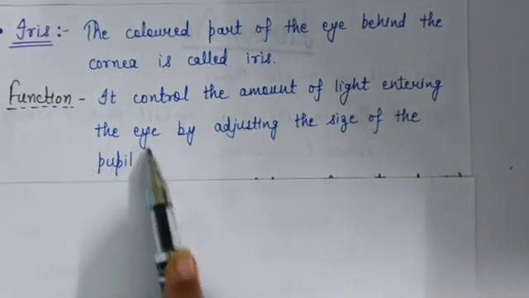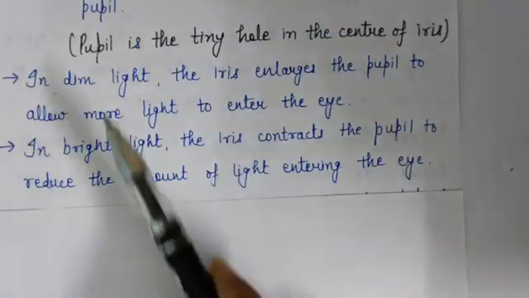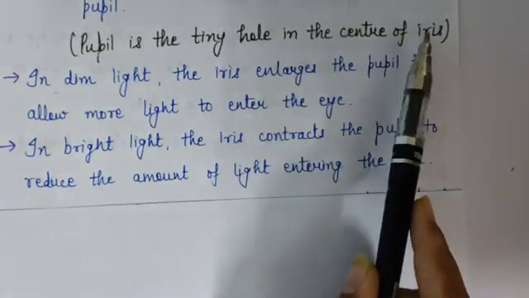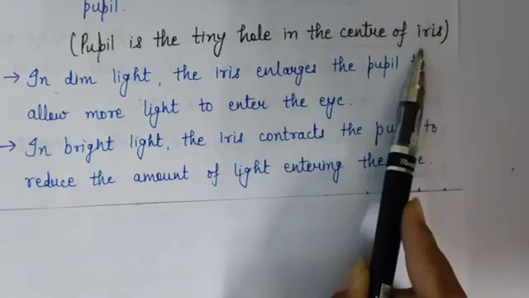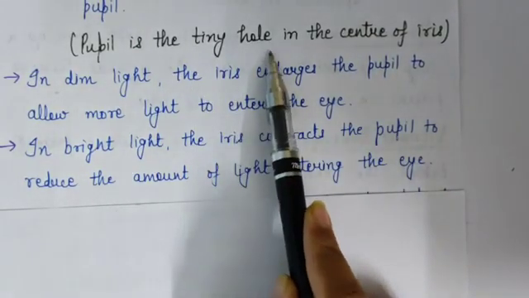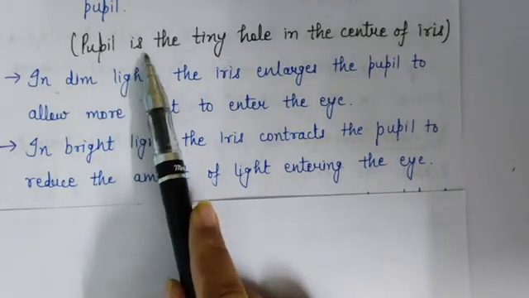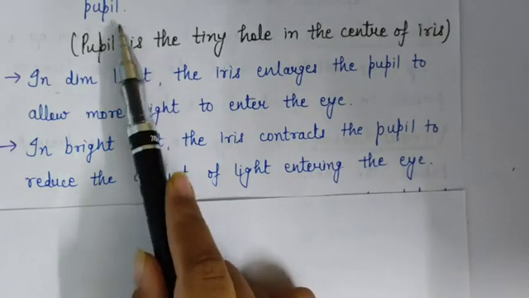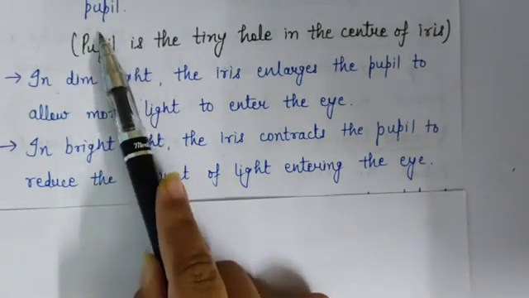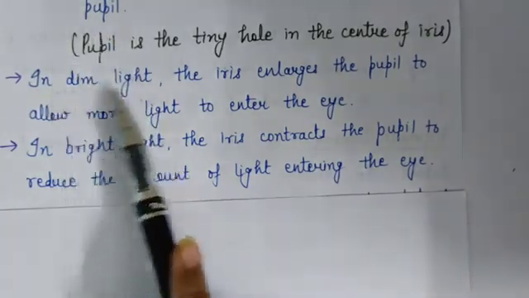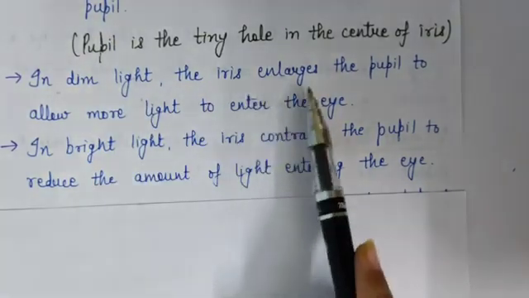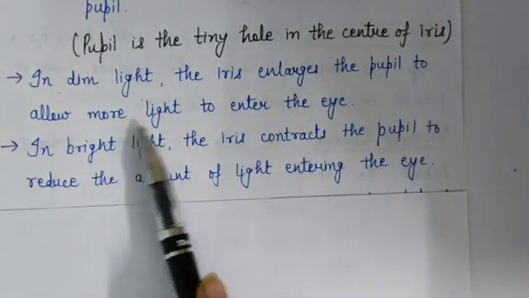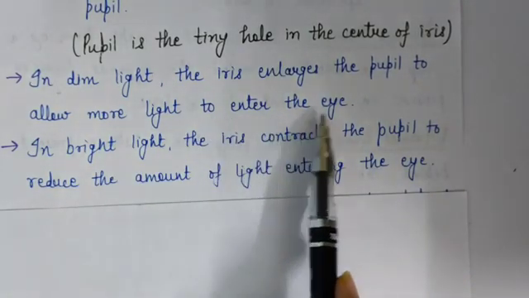Now, what is pupil? Pupil is the tiny hole in the center of iris. Means in the center of iris, a tiny, small hole is present, that is pupil. And iris controls the amount of light by adjusting the size of pupil. Now how does the pupil work? In dim light, the iris enlarges the pupil to allow more light to enter the eye.